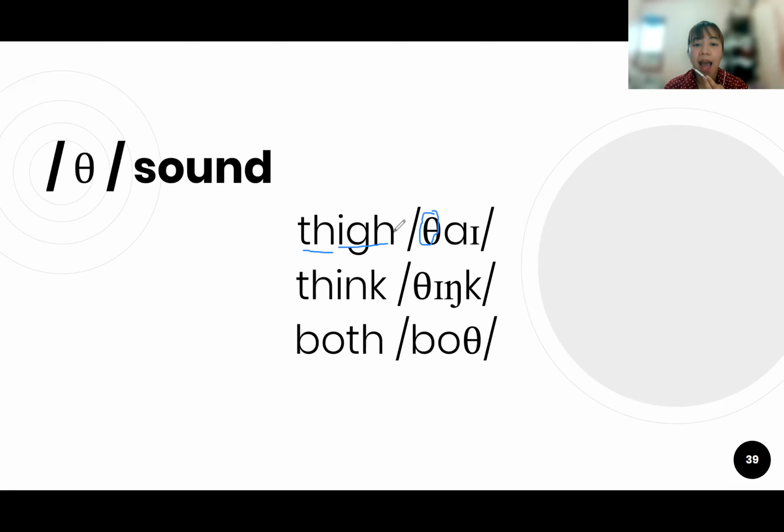Later, the I sound, we will also learn about that in your diphthongs. So let's focus first on your soft theta or your th sound in think. So th sound, theta, think, still short I. So we make use of your barred I, not theeenk. It's think.